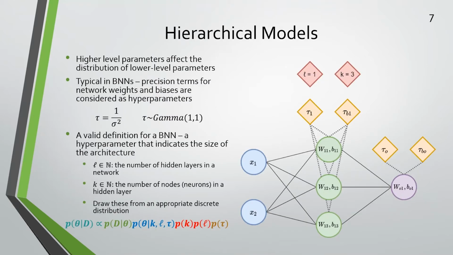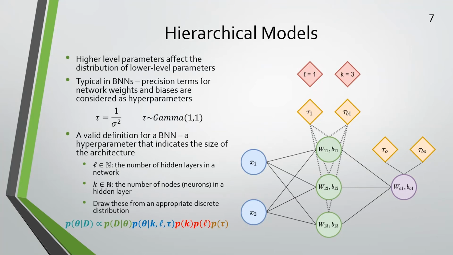So once you have an idea of a Bayesian neural network model, in order to extend that to having freedom of architecture specification, where we have uncertainty in what size of neural network we may be interested in, we need to talk about hierarchical models.